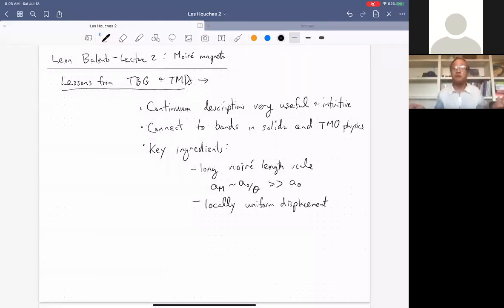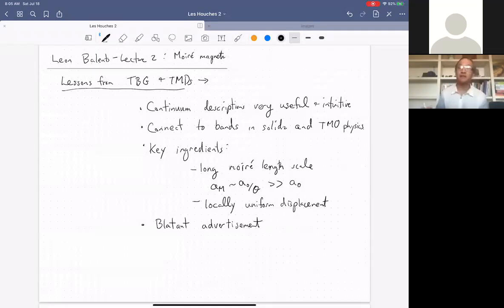It may be different relative to one another or relative to some substrate. With those key ingredients, it's possible to construct a continuum theory. And Alan talked in some detail how to do this for TMDs and sketched it a bit more in the case of twisted bilayer graphene.